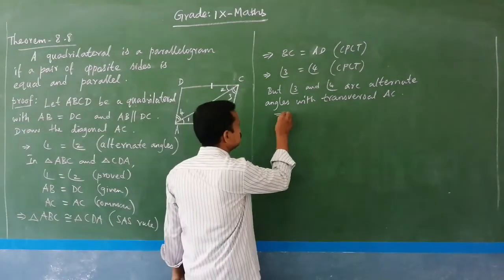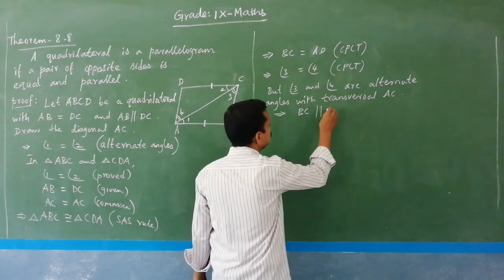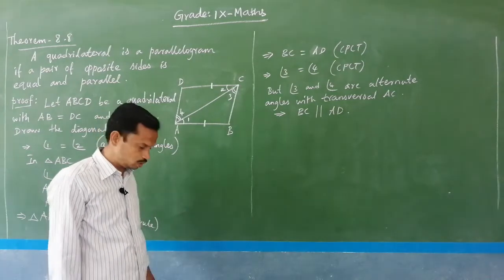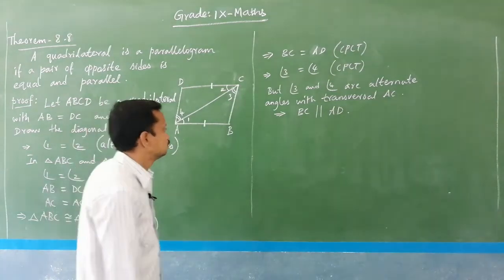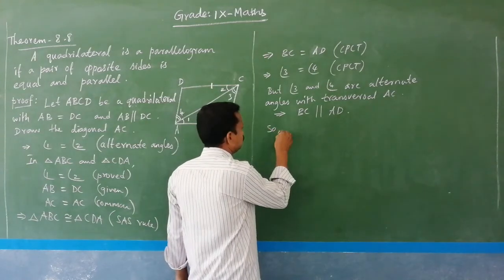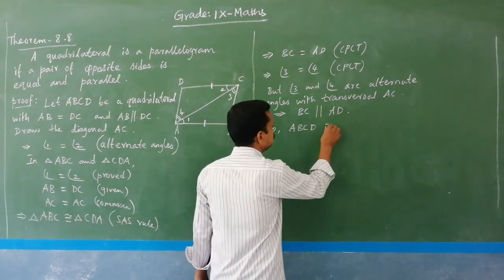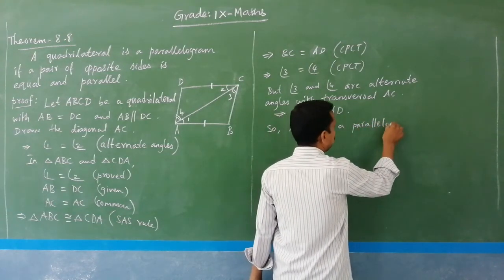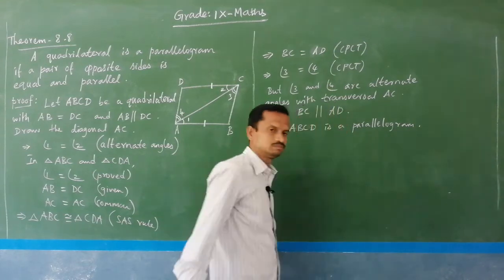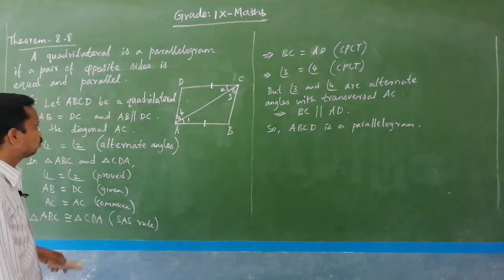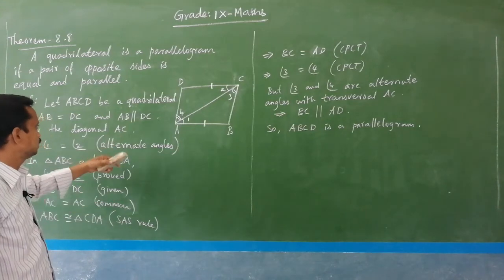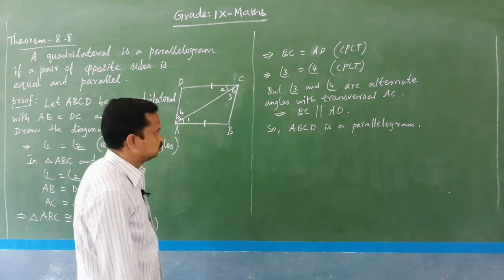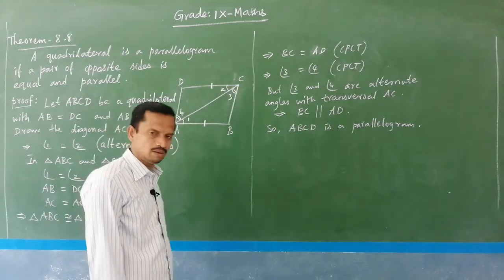This implies BC is parallel to AD. So, another pair of opposite sides is also proved parallel. So, ABCD is a parallelogram. First, it was given that one pair of opposite sides, AB and DC, is parallel, and now we proved another pair of opposite sides, BC and AD, are parallel. Therefore, ABCD is a parallelogram.